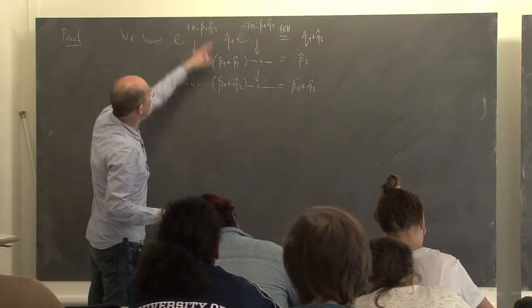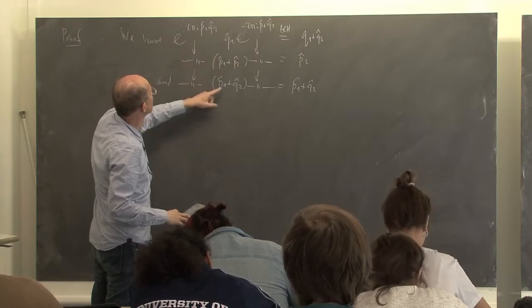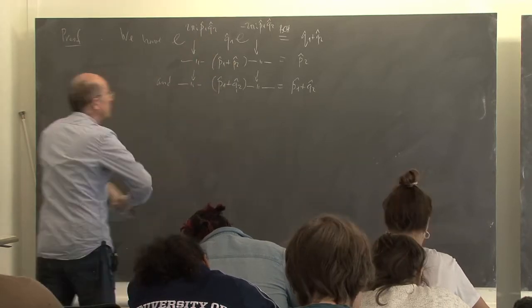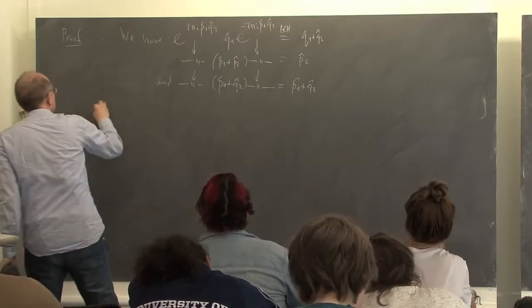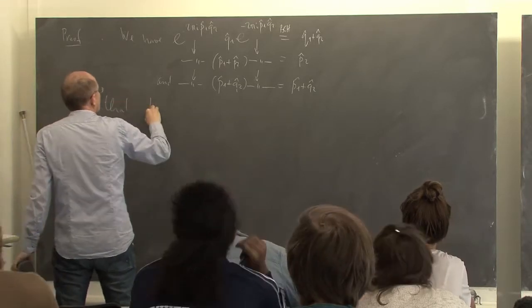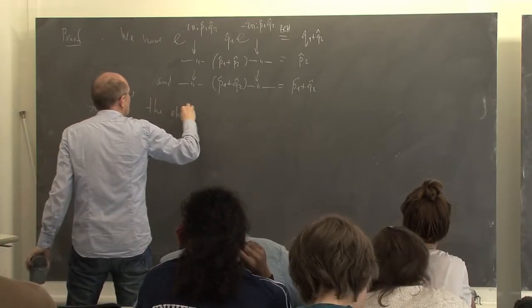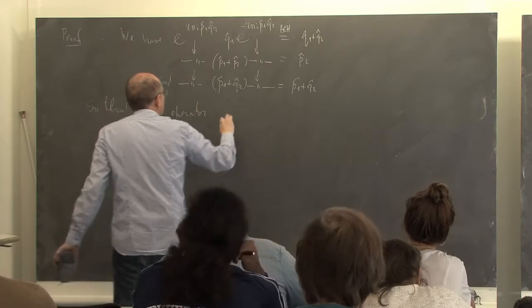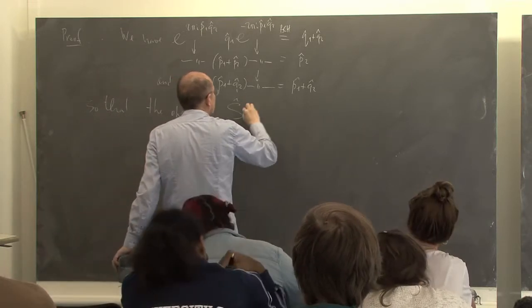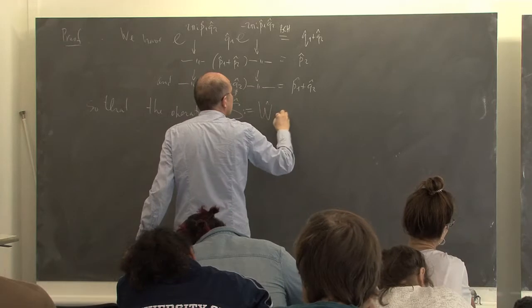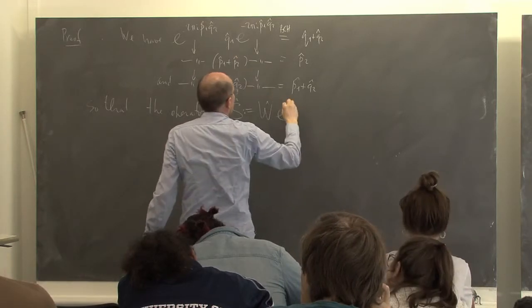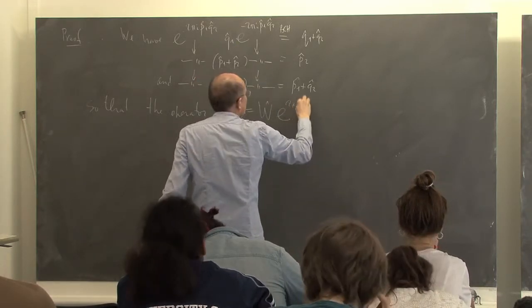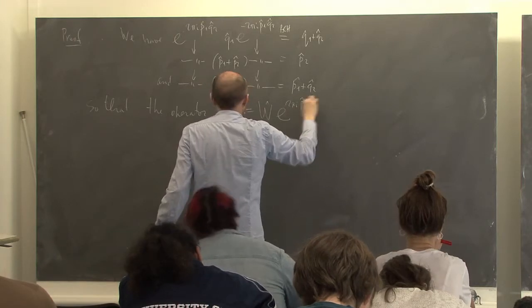Because P1 commutes with Q2, Q2 commutes with P1, so nothing happens here. So the operator S hat defined by W hat times E inverse, this operator, 2 pi I P1 hat Q2 hat.